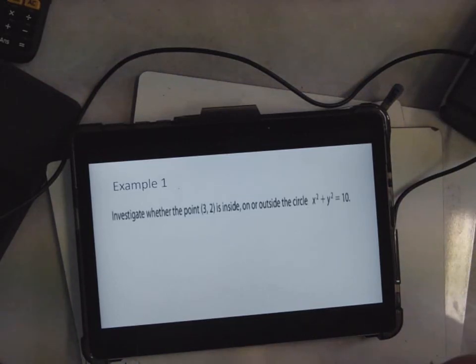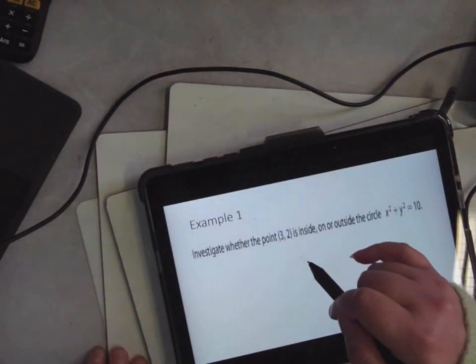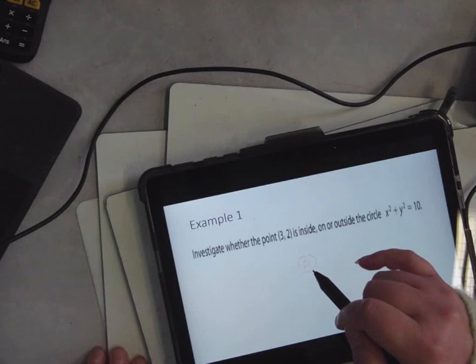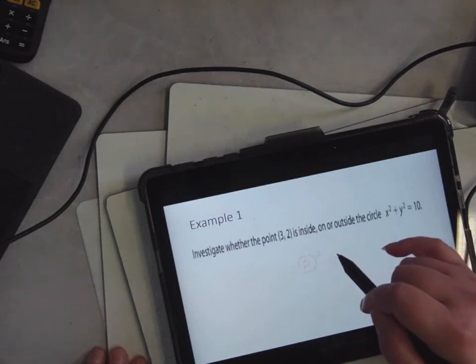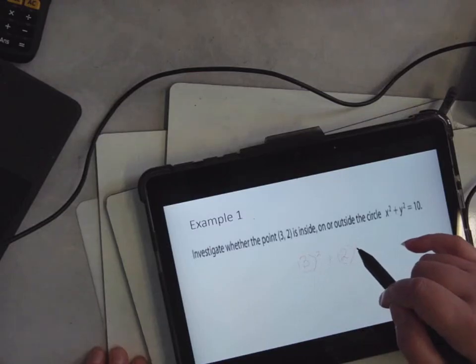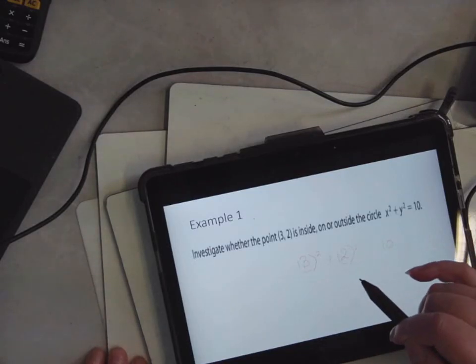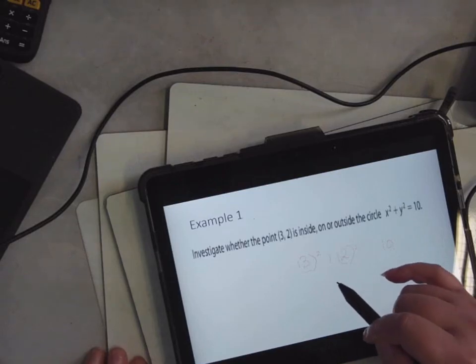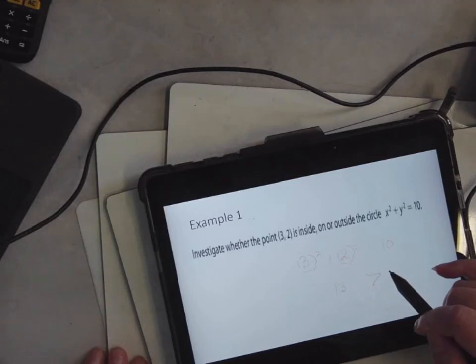All you have to do is everywhere you see an x, put in a 3. So this is 3 squared plus, with 2 in for y, 2 squared, and you're comparing it to 10. 3 squared is 9, 2 squared is 4, that's 13. So 13 is actually greater than 10.